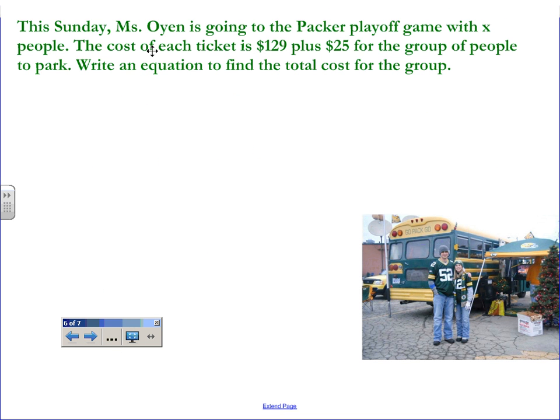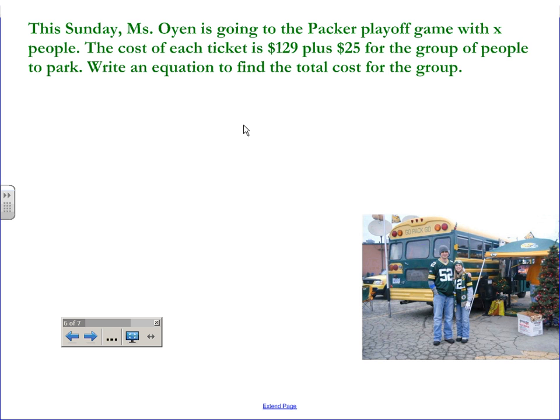Our next problem says this Sunday, Miss Owen is going to the Packer playoff game with X amount of people. The cost of each ticket is $129 plus $25 for the group of people to park. It says write an equation to find the total cost for this group. The first thing that I need to do is figure out what I am trying to find and what I don't know. First, I need to find the total cost.